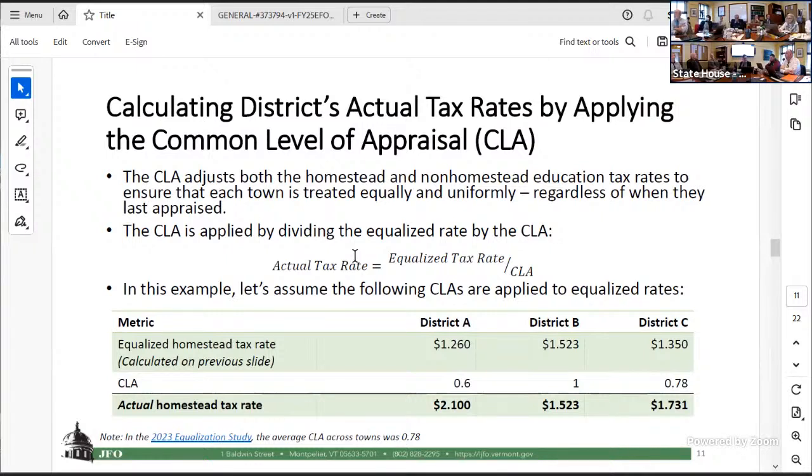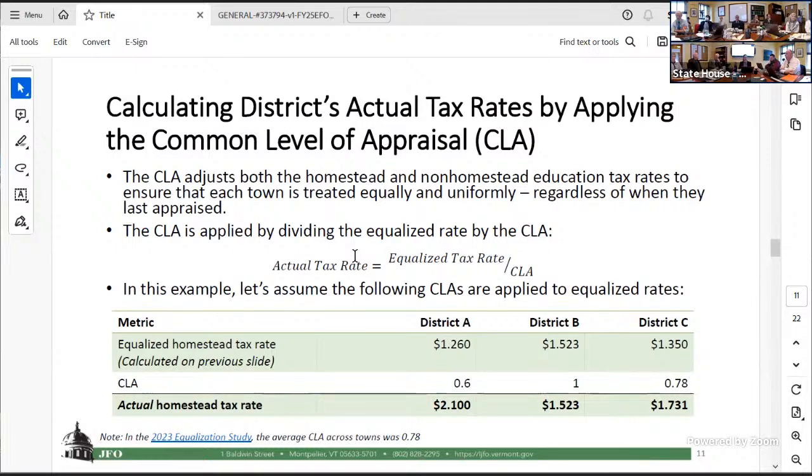But just to remind you all, the CLA adjusts homestead and non-homestead education tax rates to ensure that each town is treated equally and uniformly, regardless of when they were last appraised and the growth of their grand list. Because we have a statewide education fund, we need to make sure that everyone is adjusted accordingly.